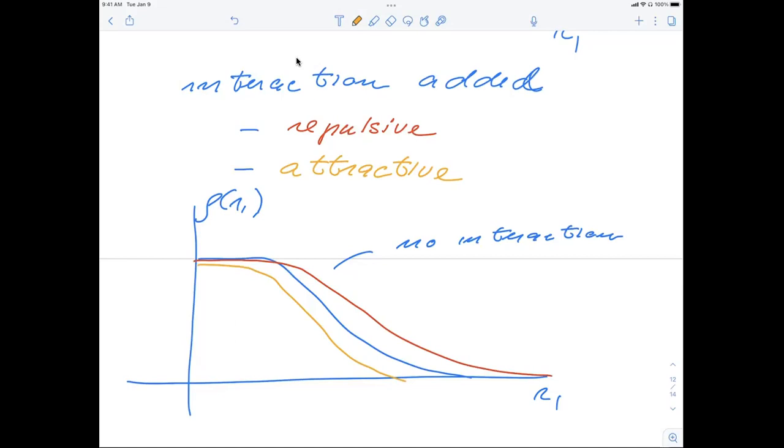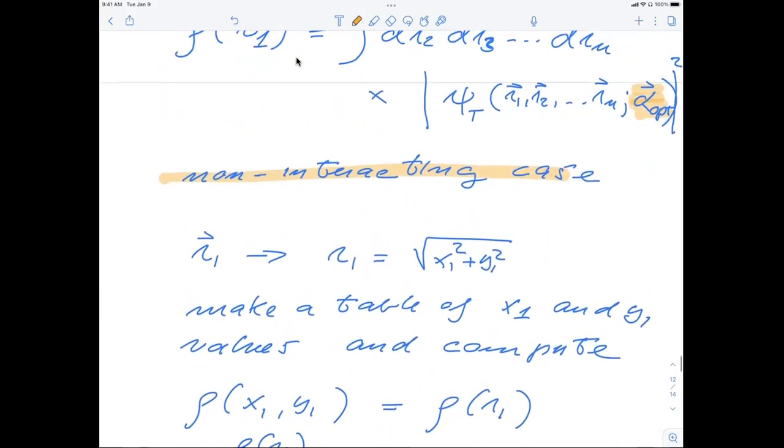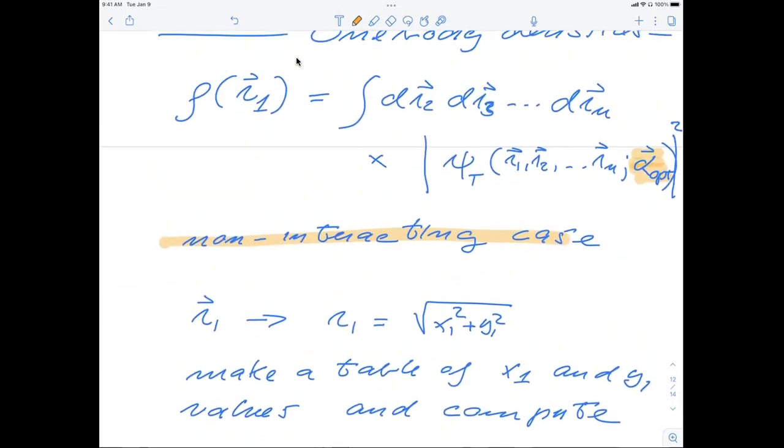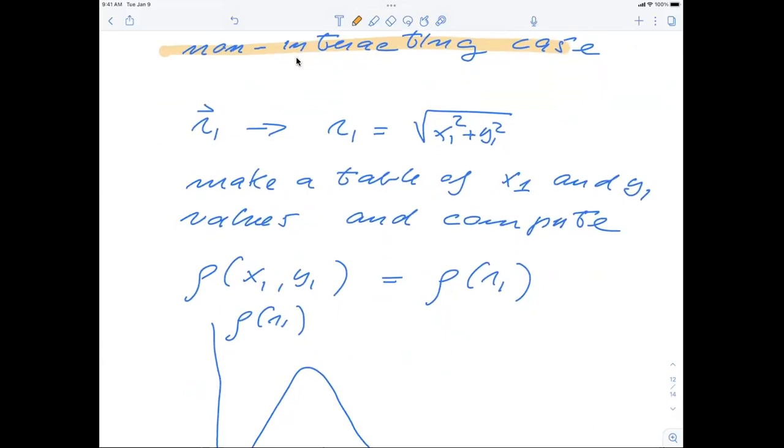The one body density simply tells you what is the likelihood of finding that specific particle at a specific distance. And this is obviously influenced by where the other particles are. If you have an interaction which is repulsive, then that means that this particle will actually be pushed away from the origin.